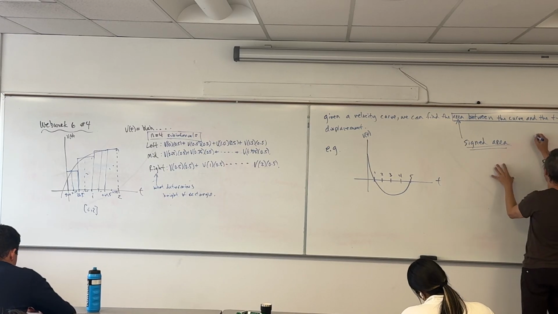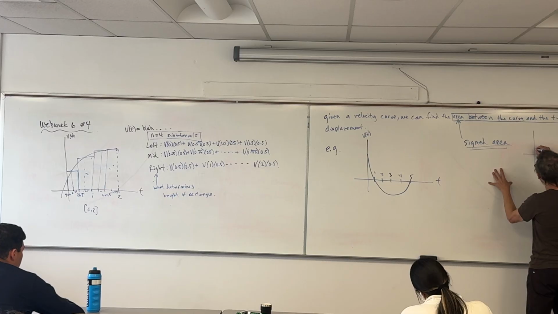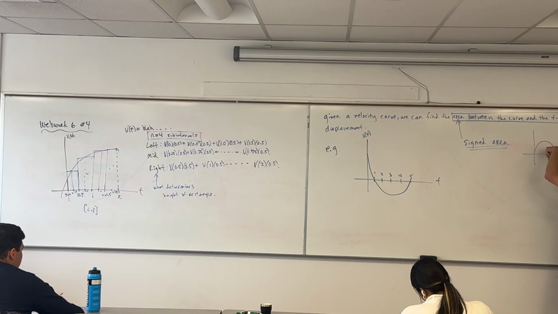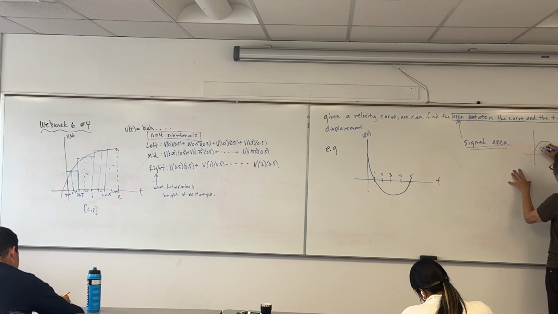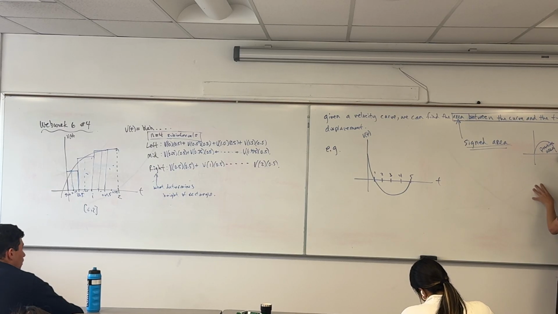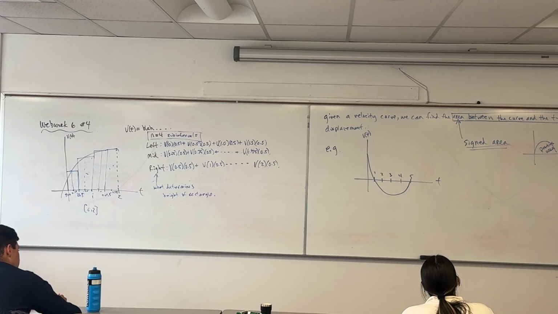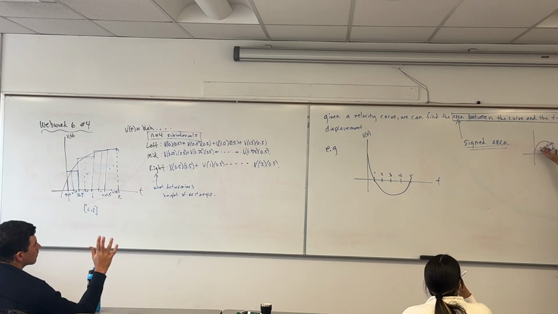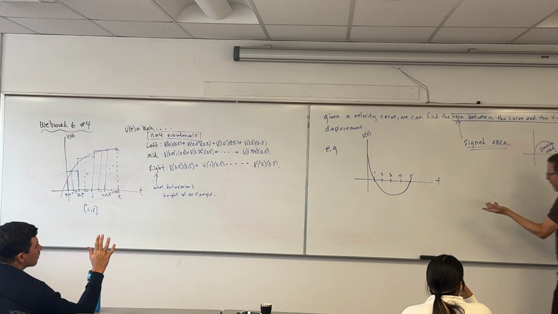So what do I mean by that? That means if I'm above the horizontal axis, this is positive area. And if I'm underneath, that's a negative area. So this is like positive displacement and negative displacement.